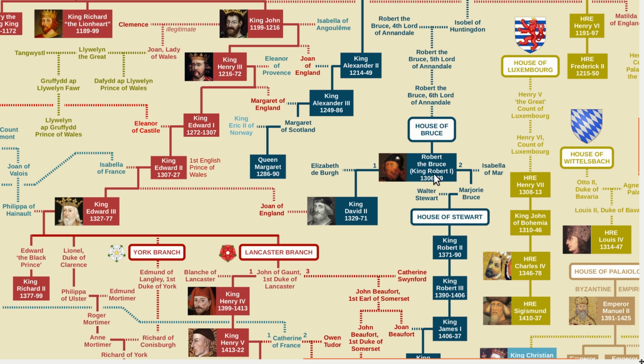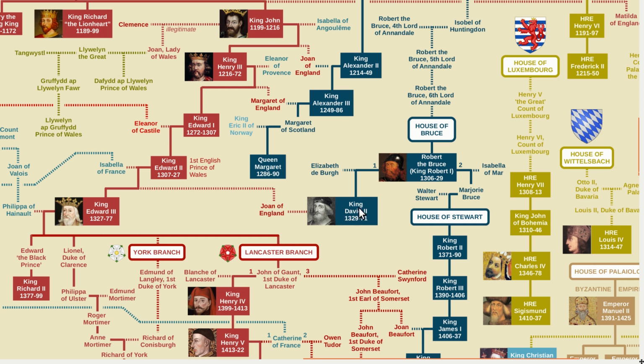Eventually, Robert the Bruce declares himself king in 1306, and over the next decade he takes back most of Scotland from the English. However, the wars between England and Scotland would continue about halfway through the reign of his son, King David II. King David II married the sister of King Edward III. That was Joan of England.